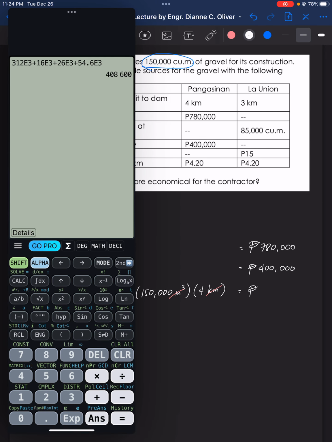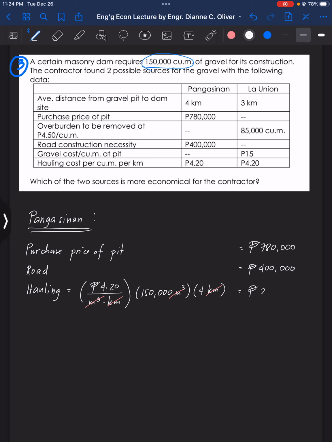So 4.20 times 150,000 times 4 is 2,520,000 pesos.